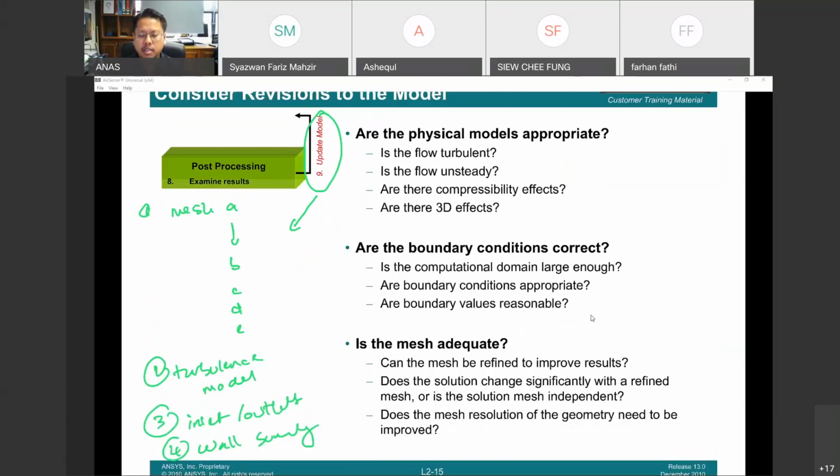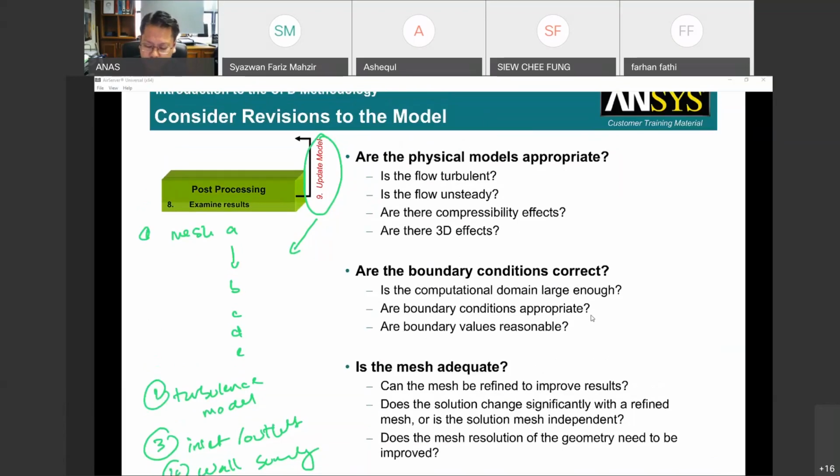So never say, oh, this is my simulation, it's perfect, you can use it for whatever reason. No. It depends on several factors, based on your judgment. So the questions you can ask yourself: are the physical models appropriate? Check your assumptions. If the flow is supposed to be turbulent, does it exhibit the turbulence characteristic?